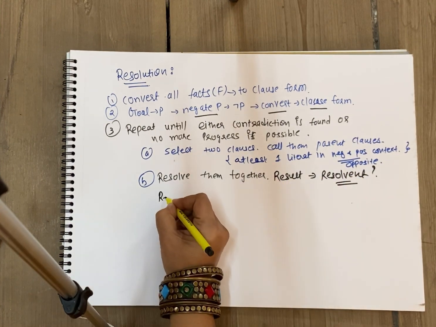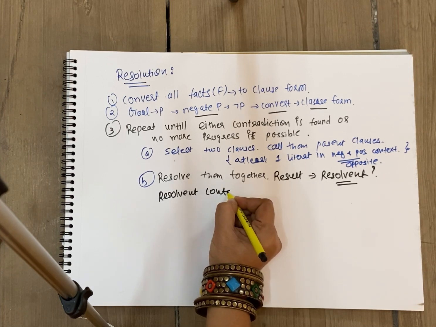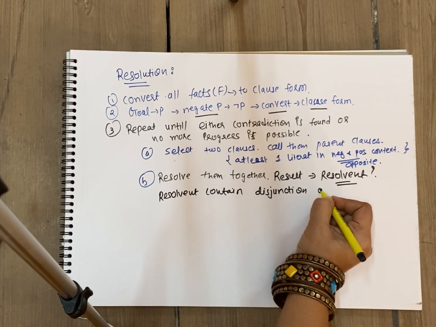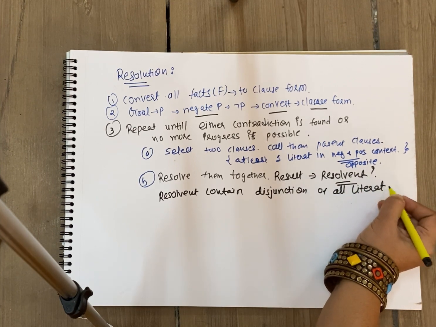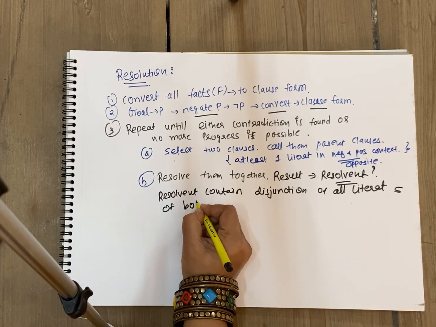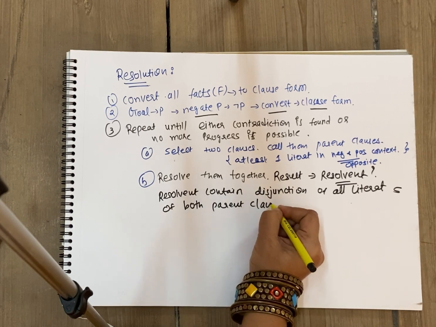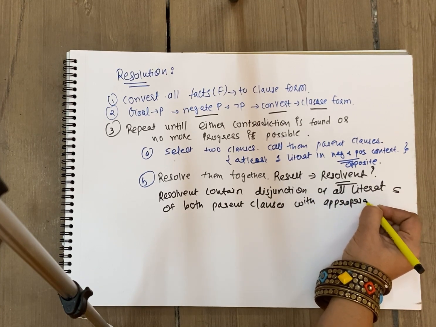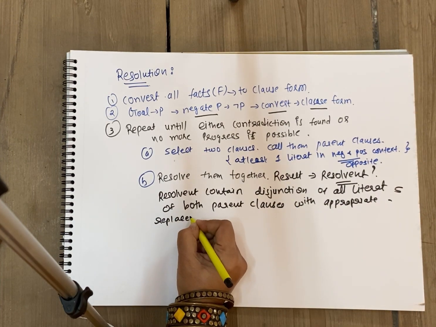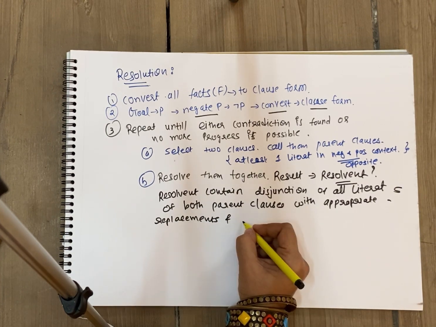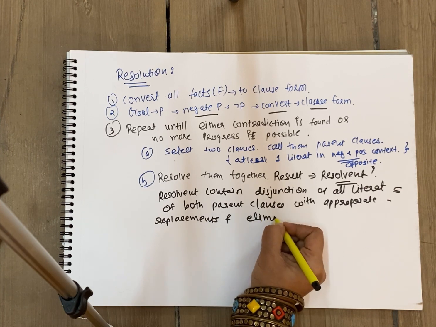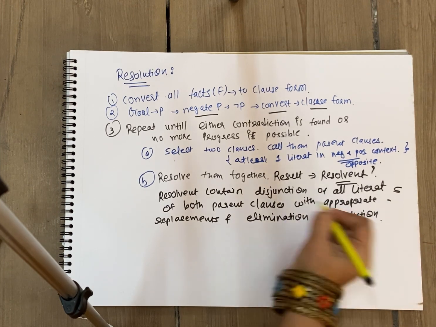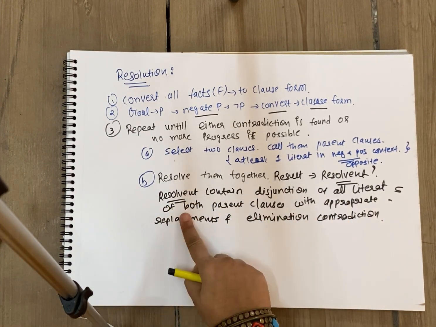So what is the resolvent? The resolvent will contain the disjunction, that is the OR, of all the literals of both parent clauses with appropriate replacements, and eliminating the contradiction.